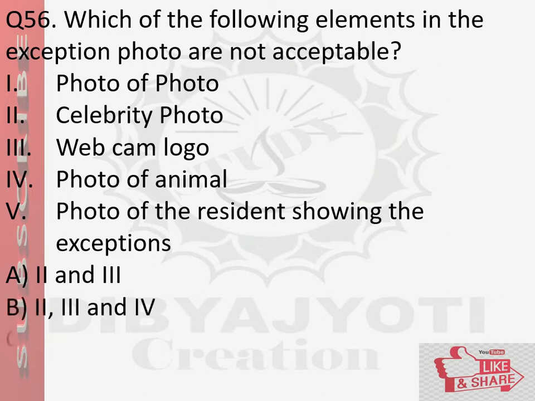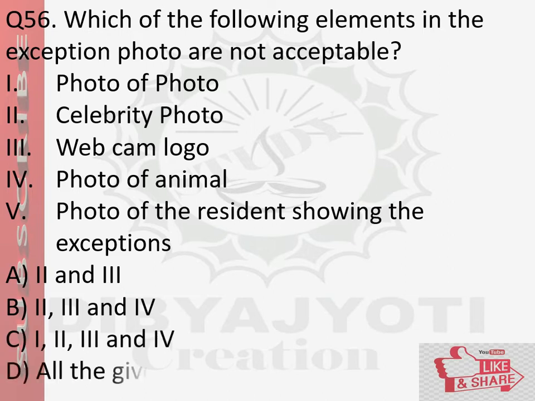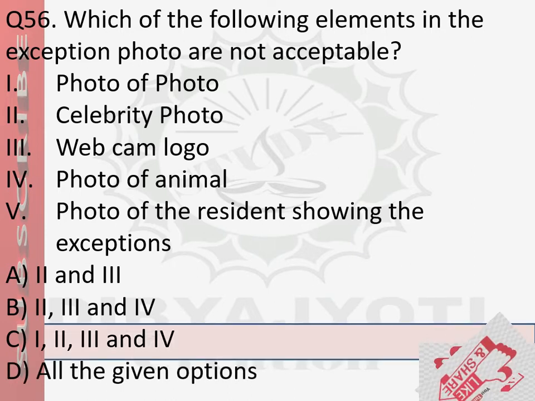Option B, 2, 3, 4. Option C, 1, 2, 3 and 4. Option D, all the given options. And the answer is option C, 1, 2, 3 and 4. Elements in the exception photo that are not acceptable: photo of photo, celebrity photo, webcam logo, photo of animal.